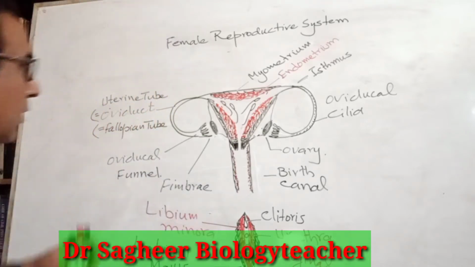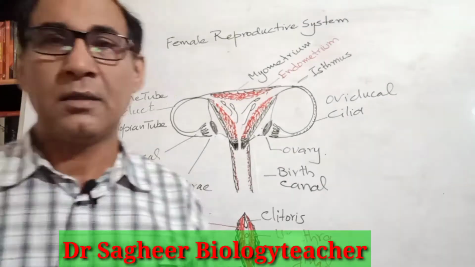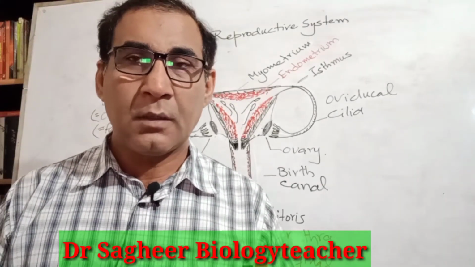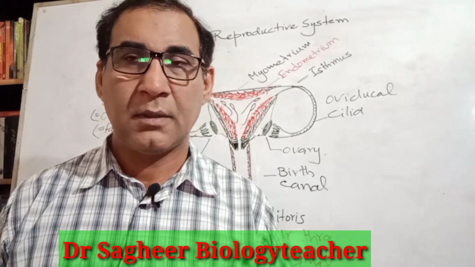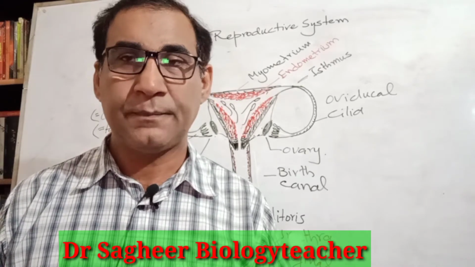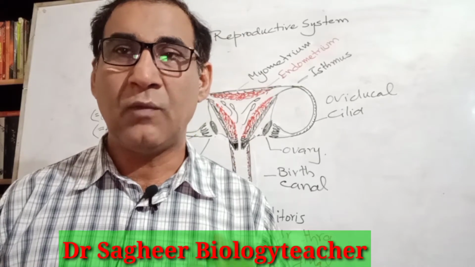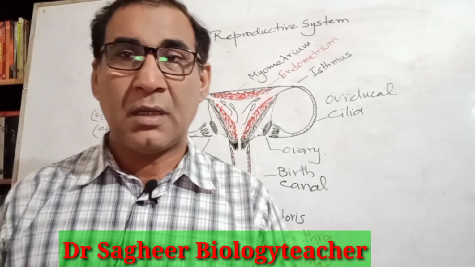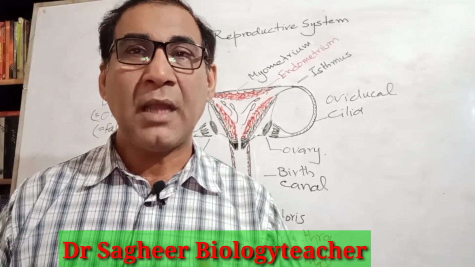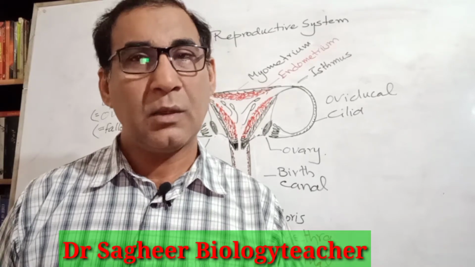The female reproductive system consists of two parts. The first part is the external genitalia or vulva. External genitalia or vulva: those parts which can be seen outside constitute the vulva.